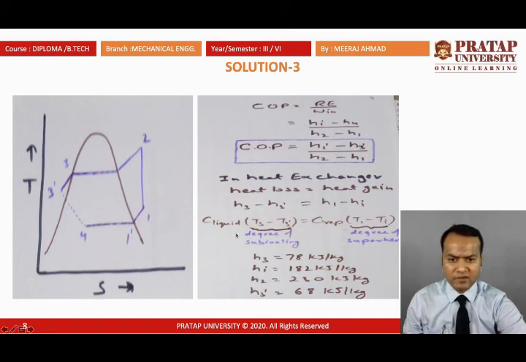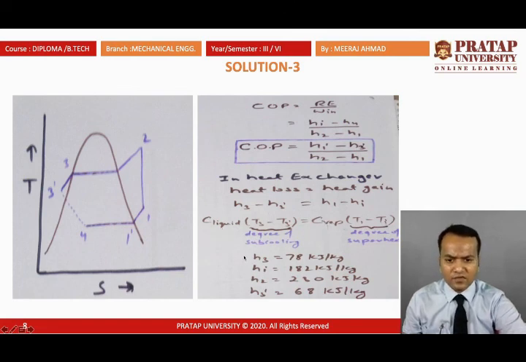Then this enthalpy can be written with a specific heat formula. Specific heat of liquid times T3 minus T3 dash, and specific heat of vapor times T1 minus T1 dash. So degree of subcooling and degree of superheat should not be equal, because the specific heat of liquid and of vapor are not equal.